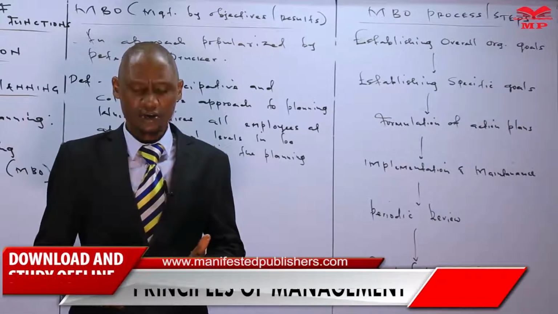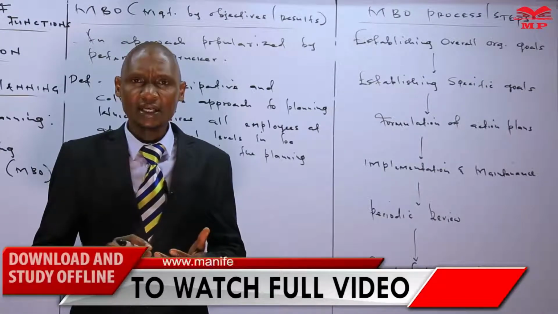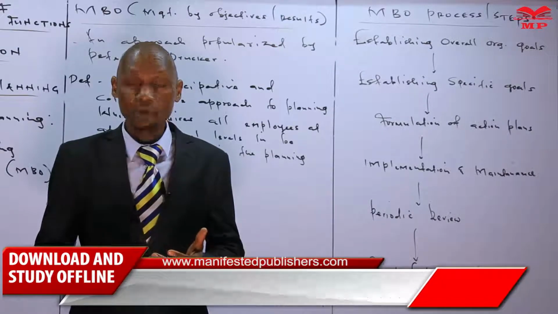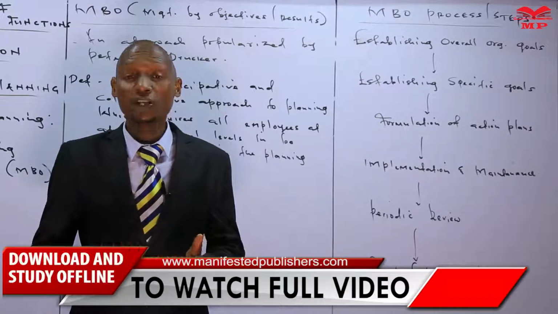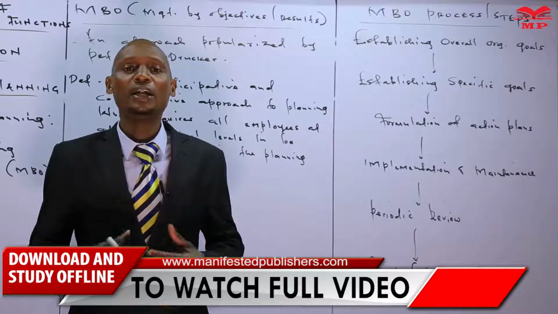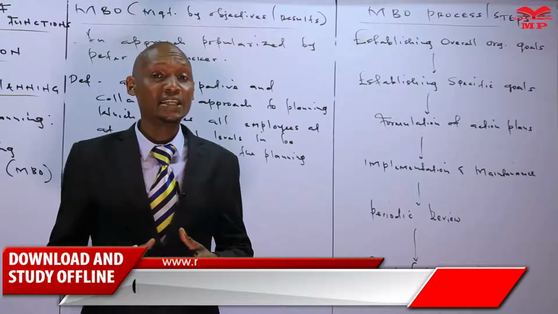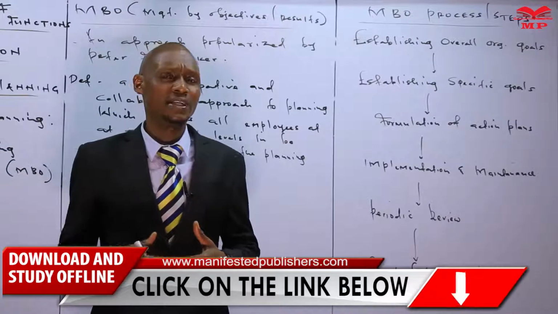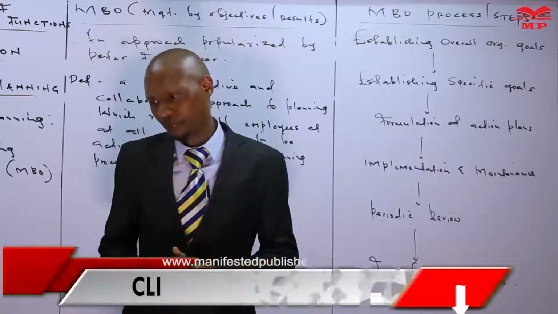So here, this step entails setting the objectives of respective departments, sections, units, and individual employees. In here, an employee sets their own goals, what they want or intend to achieve.